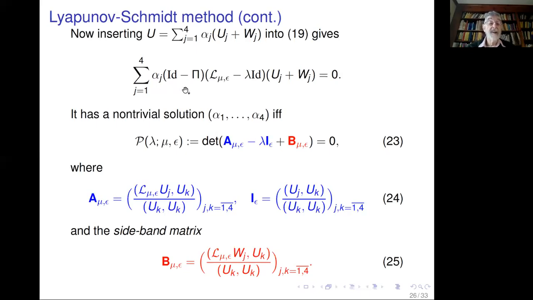So the determinant of this, a certain determinant, has to be equal to 0. It's 4 equations and 4 unknowns, so this 4x4 determinant should be 0.